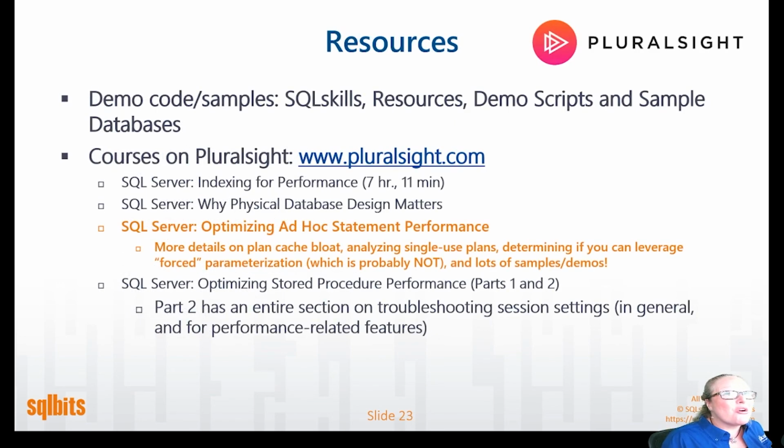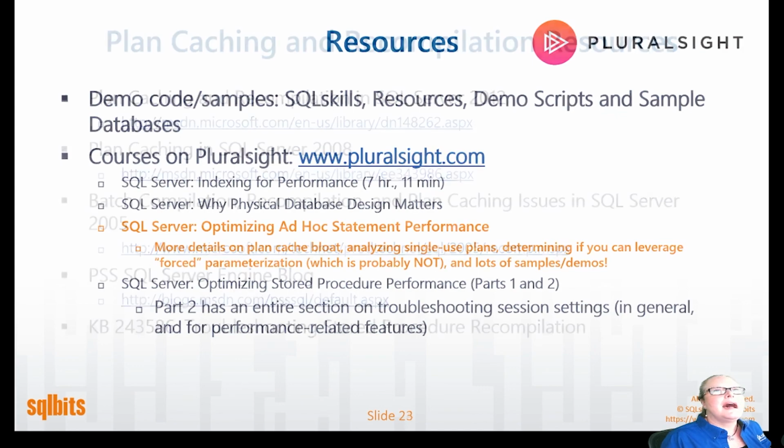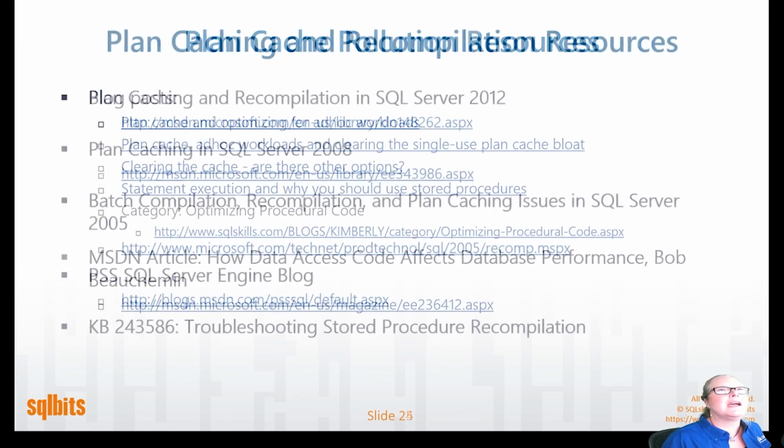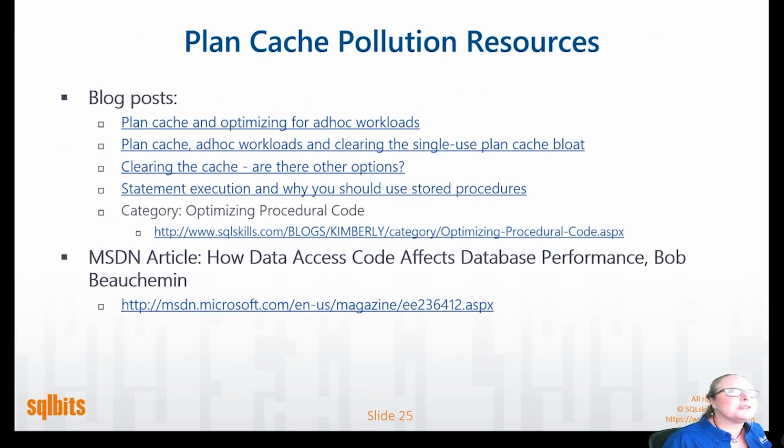So as far as resources, make sure you look at these. I do have a bunch more on Pluralsight in terms of optimizing ad hoc statement performance and optimizing stored procedures. I have a bunch of resources in terms of white papers listed in my resources at the end of the slide deck. I also have some plan cache pollution resources. This is where I have the queries that will show you how much of your cache is being wasted by single-use plan cache and plan cache bloat, as well as the code to help you analyze how much of your cache is being wasted.